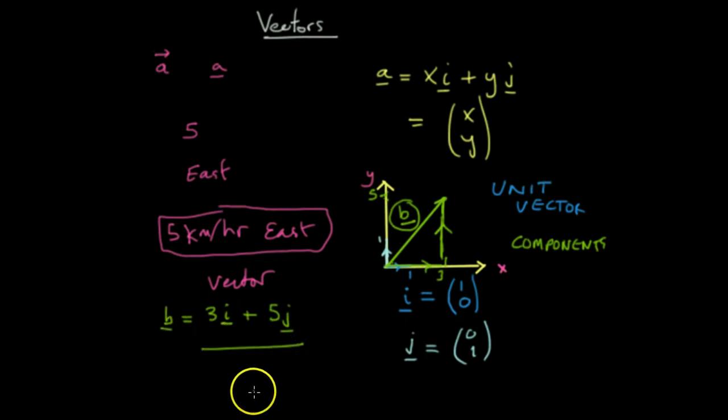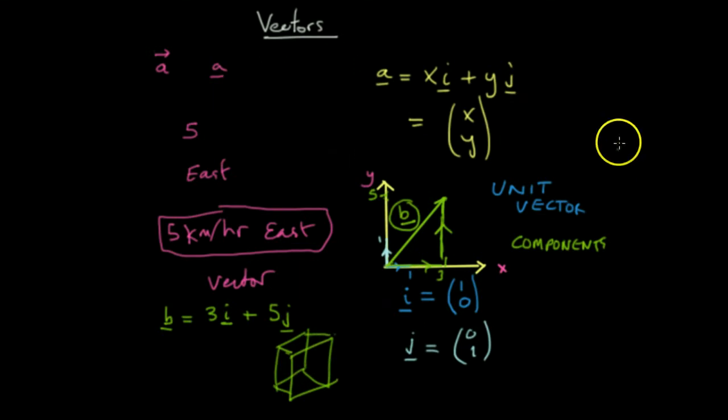And if you were in 3 dimensions, hopefully you can see that you get this kind of cube thing forming. I'm not very good at drawing in 3D, sorry about this. If you get this cube happening, and that was the origin, and you wanted to describe this vector over there, then you would need 3 dimensions.